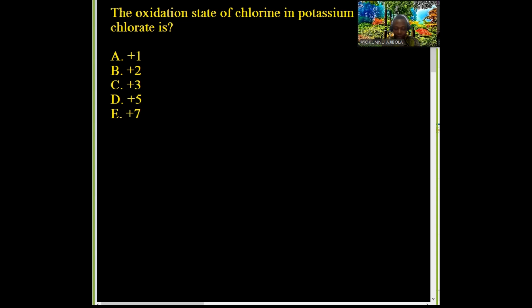In potassium chloride, that's KCl, you have to look for the oxidation state of Cl in KCl. That means you have to know the oxidation state of potassium, and then you have to find it because in KCl, I think everything equals minus two or zero. I'm not sure. So you have to find the oxidation state of chlorine in the equation.